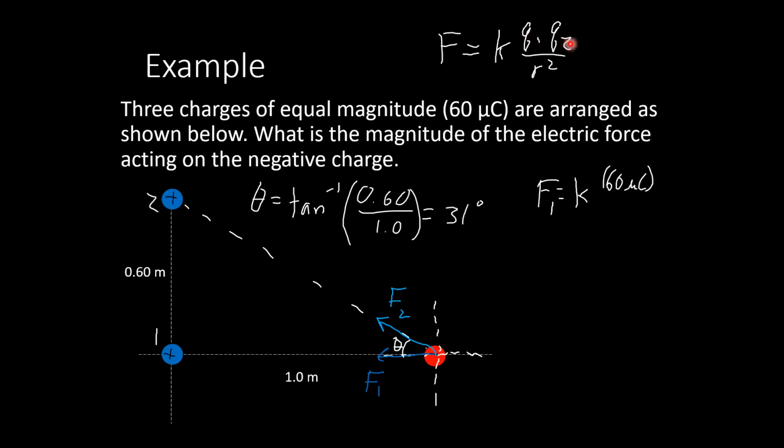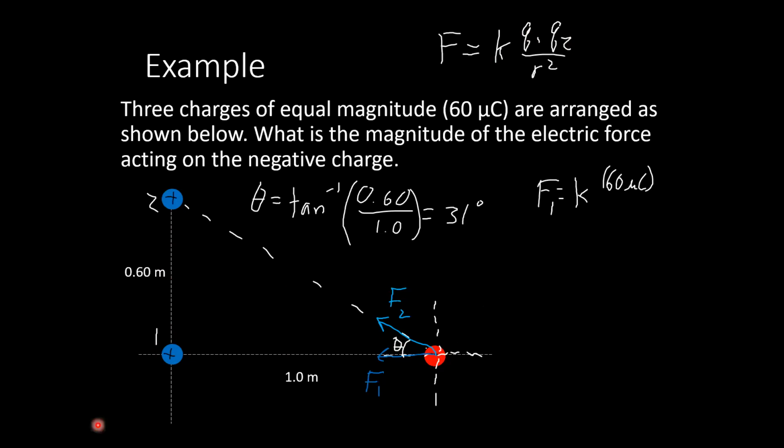This is Q1 and this is Q2, but we're not really interested in the interaction between these two, right? We're interested in the interaction between charge 1 and the red charge, this negative charge. F1 is between this charge and this charge. So that's what I'm focusing on now. When I do F2, I'm going to look at this charge and this one.